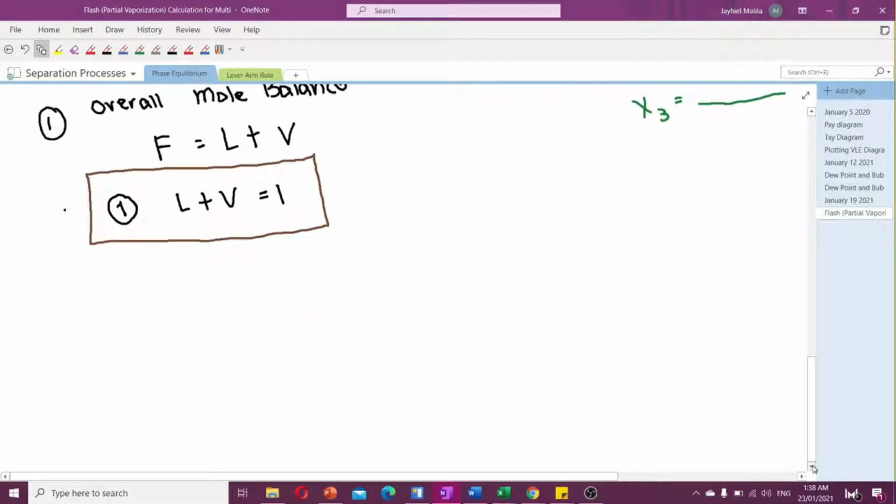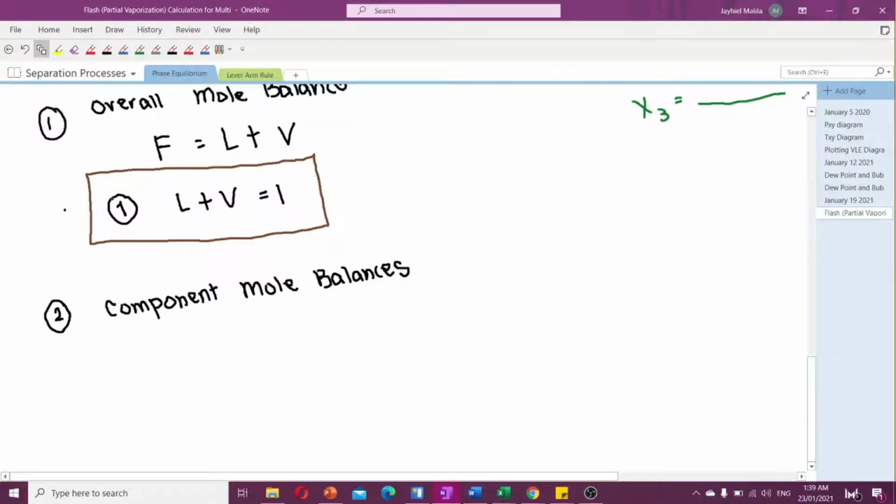Of course, after establishing the overall mole balance, you need to couple it with the component mole balances. We have 3 components here in the mixture, so we are going to establish 3 equations.